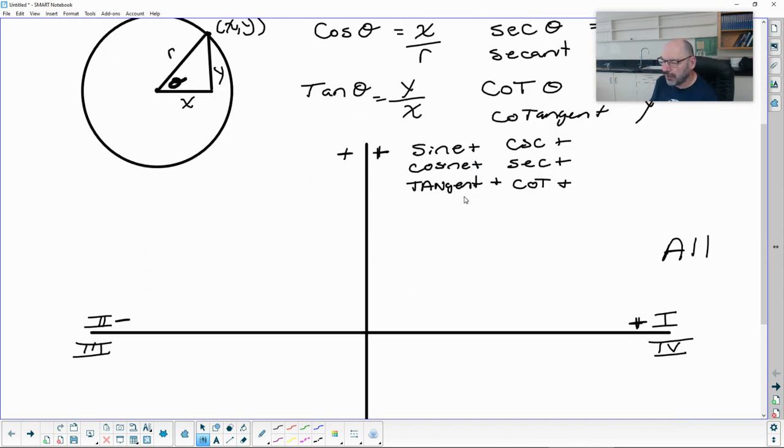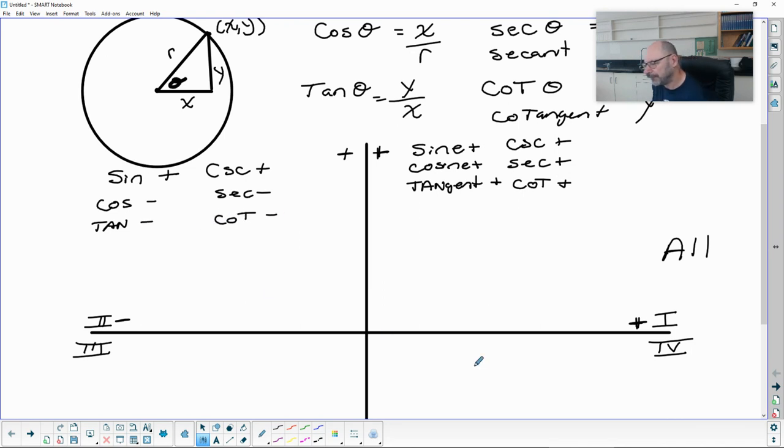So we know that sine is positive here. And by relationship, that means cosecant is positive. So that means the rest is negative. Cosine and secant are negative, and tangent and cotangent are negative.